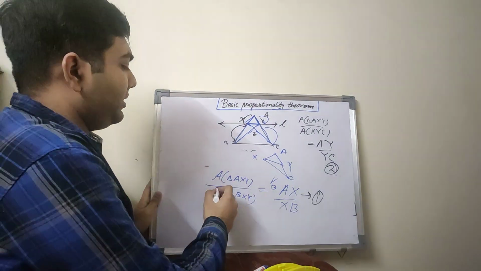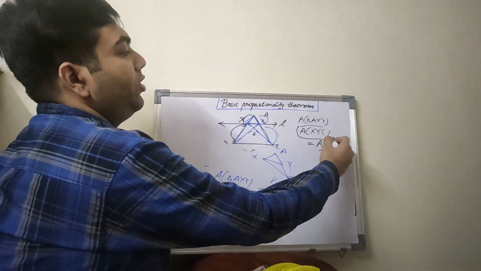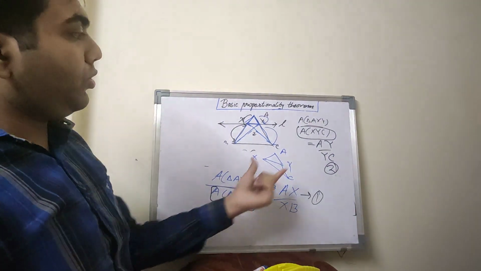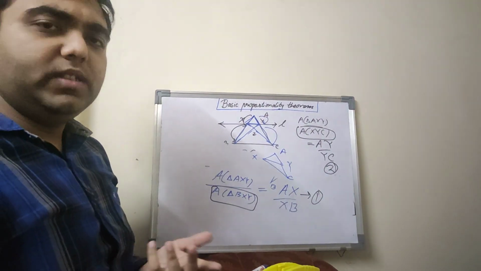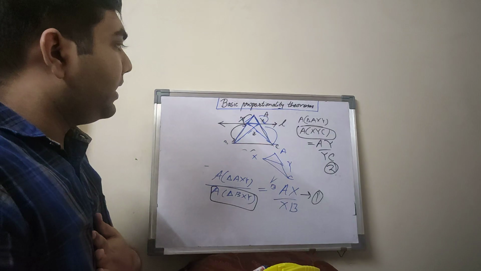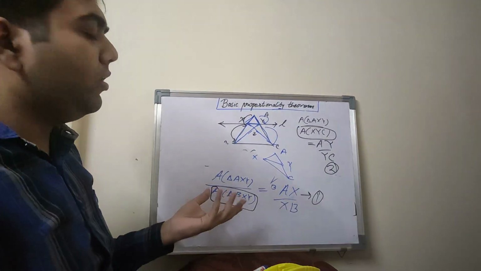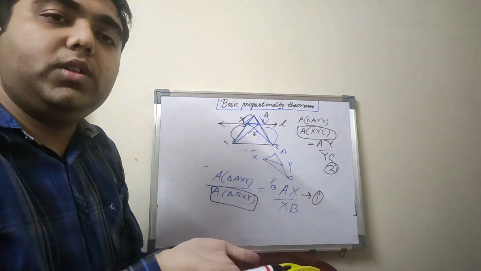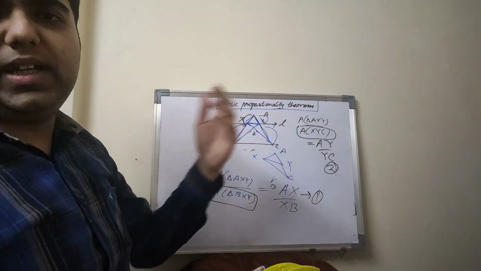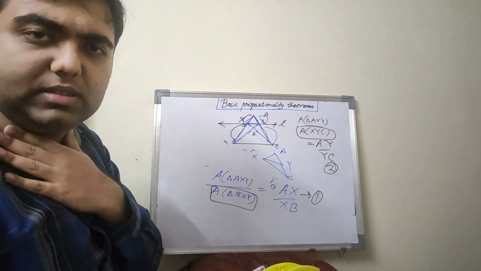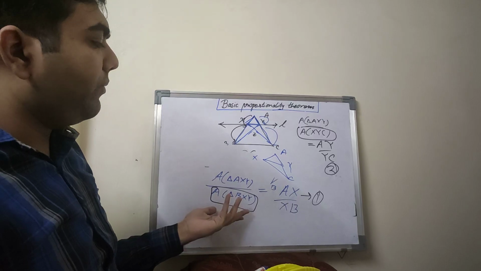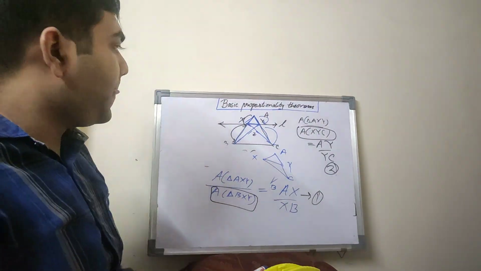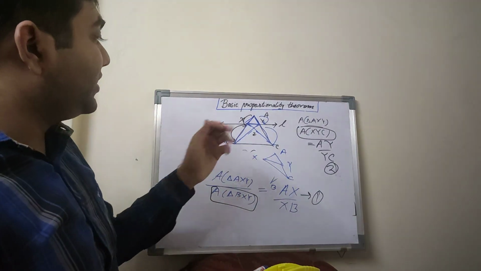Look at these two denominators: triangle BXY, triangle XYC. If you don't get any hint how to progress further, then look into whatever you have. We already have AXY, AXY. They are not two different triangles. I want two different triangles. I have BXY and XYC. Take them.